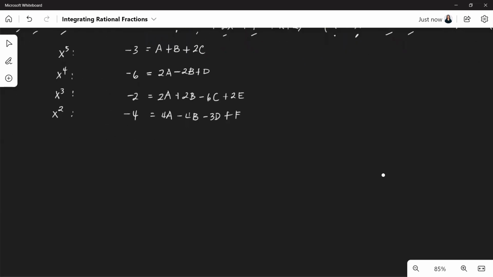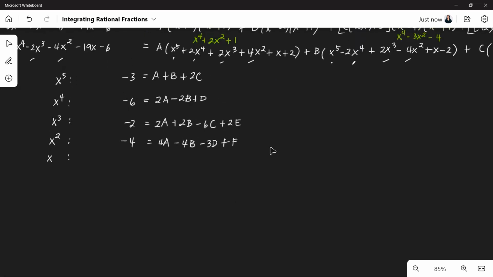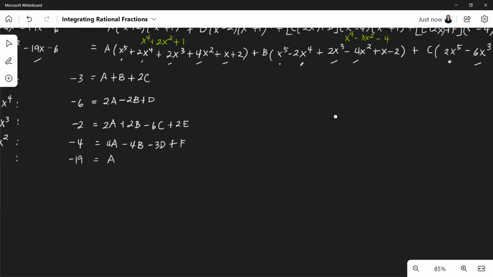Followed by, let me just rewrite. X terms on the left side, we have negative 19. We have a, and then we have here plus b.